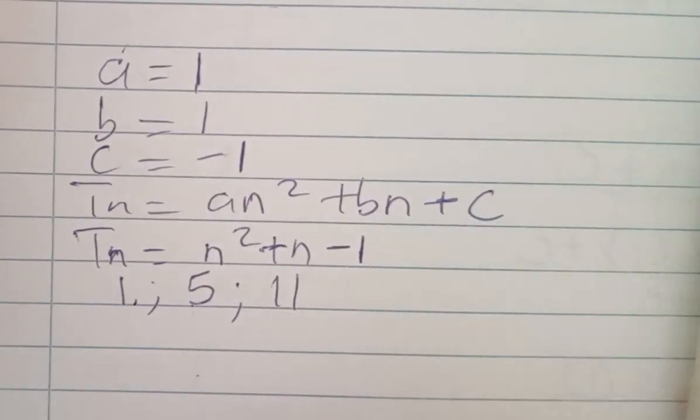It's 11, and here it's 11. So our nth term is correct. So that's how we do it. Once you have the nth term, you can calculate the 100th term, 1000th term, 99th term, any term.